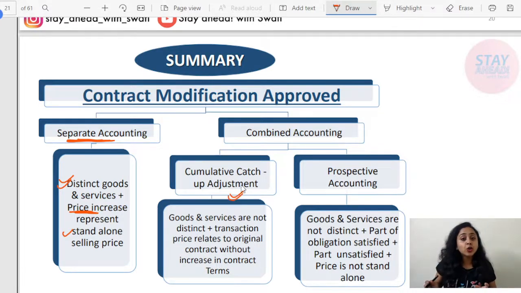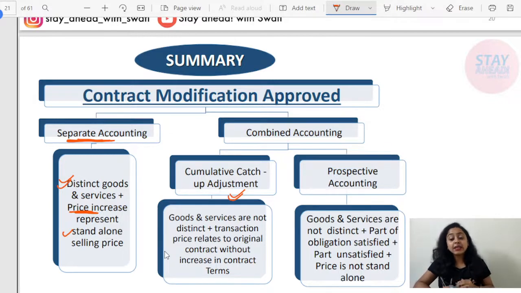That means distinct goods and services plus a transaction price that relates to the original contract itself. The price is similar and very much related to the previous price, not related to the standalone price. This is a catch-up price, only an adjustment on the basis of the previous price. Then this will be recorded as a combined contract because it has similar characteristics. No difference in the scope, no difference in the price.